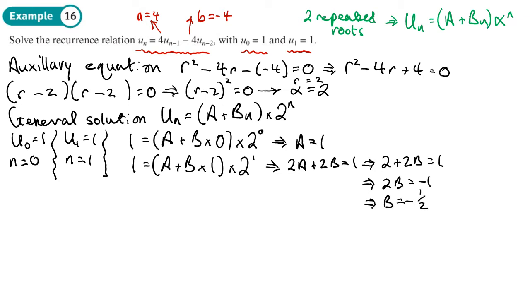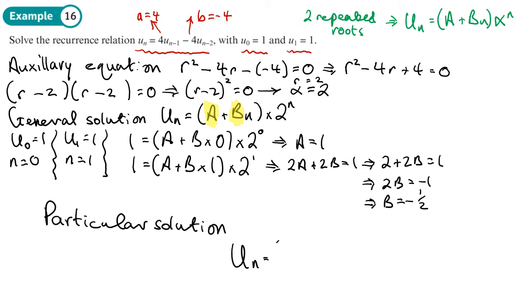Now we've got the values of our arbitrary constants, which we can put into the general solution to get our particular solution, which will be this: un equals a, which is 1, plus b, which is -1/2, so I'll put -1/2 n here, times 2 to the power n. So this now is our particular solution.